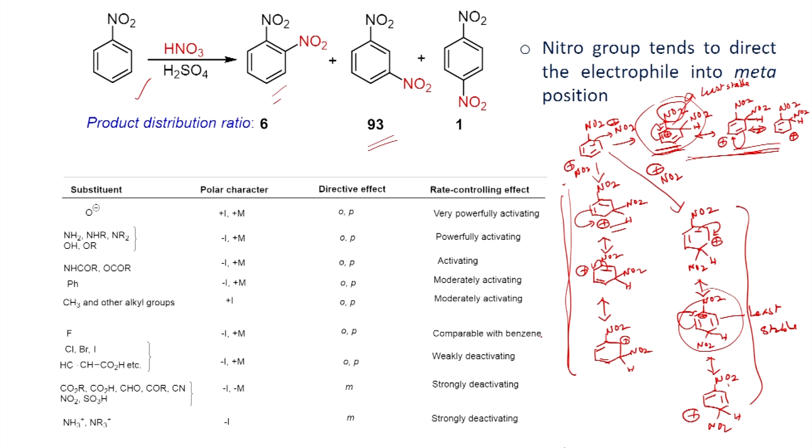On the other hand, if you have the electron donating group, the reaction is facilitated at ortho and para position comparing to meta positions. This can be easily understood by drawing the possible resonance structures, and you can see here when you have the nitration, when the substrate, for example, the nitrobenzene, if the nitration takes place, meta position is much favored comparing to ortho and para position, because you have the least stable intermediates when you draw resonance structures, and you can see this kind of least stable intermediate.